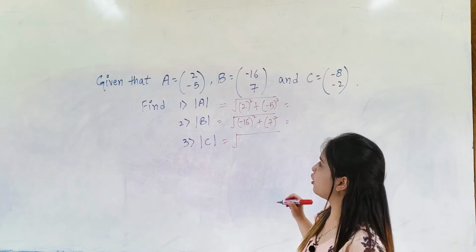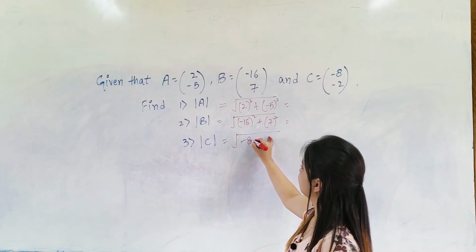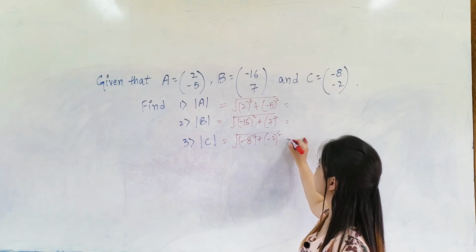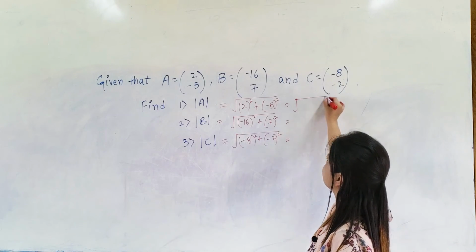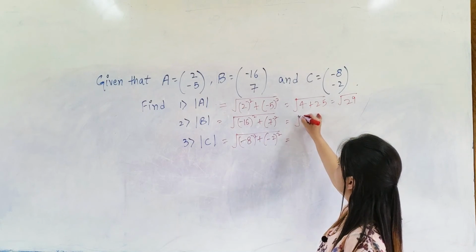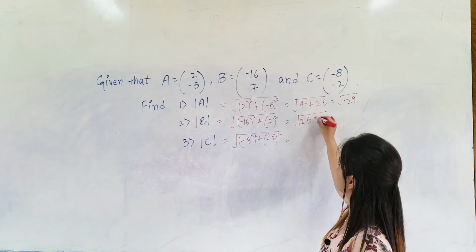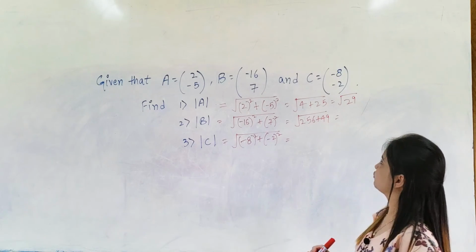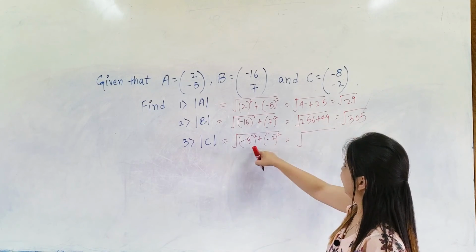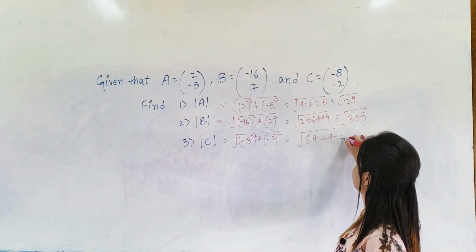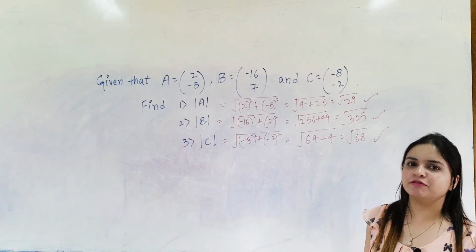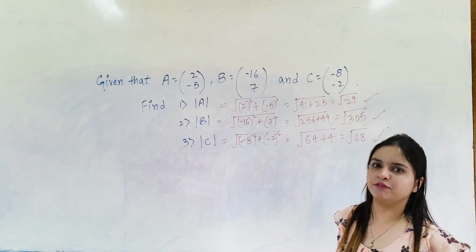And magnitude of vector C will be the square root of the square of the first coordinate plus the square of the second coordinate. Simplify this, it will be 4 plus 25, root 29. This will be 16 squared is 256 plus 49, which will be root 305. Next is 8 squared, 64 plus 4, root 68. So like this, I can find the magnitude of any vector if the coordinates of the vector are given.